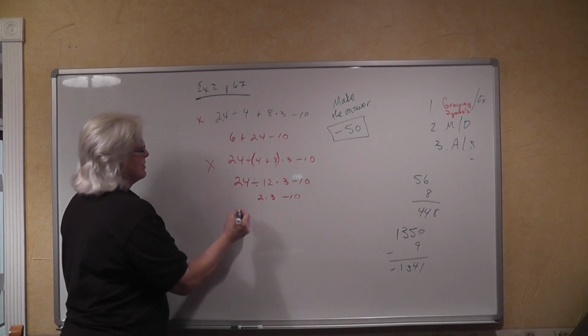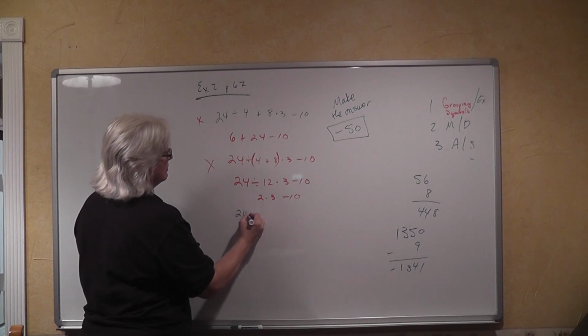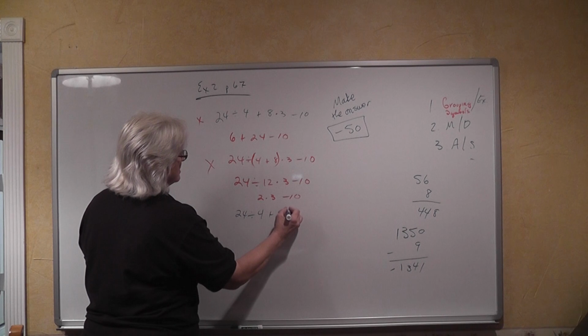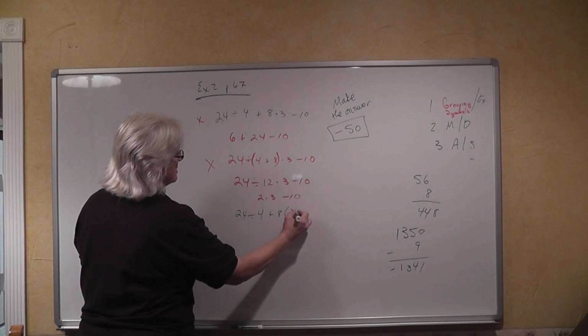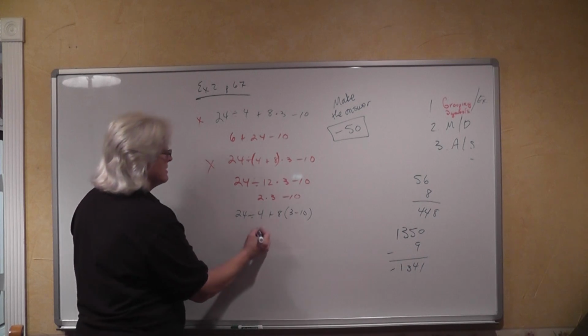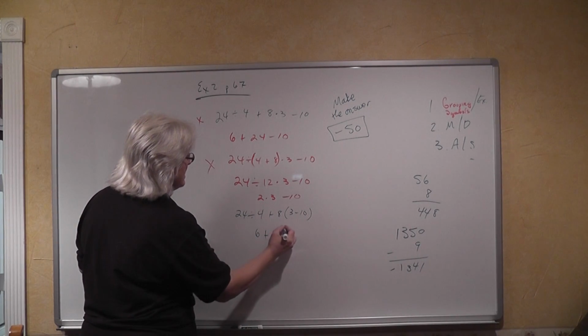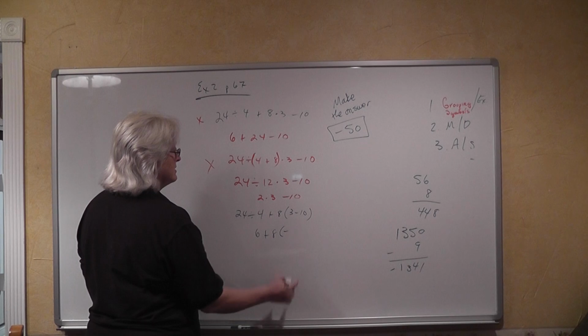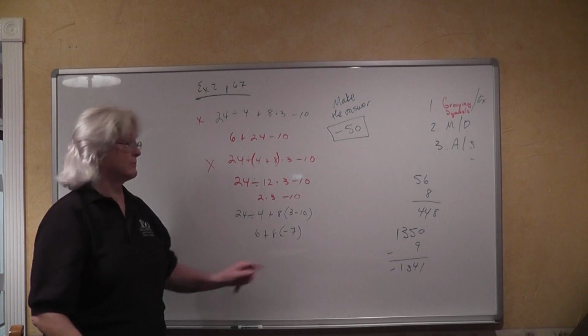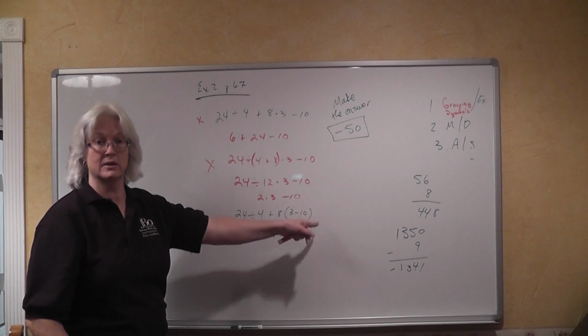Well, how about if we try 24 divided by 4 plus 8 times 3 minus 10. 6 plus 8 times a negative 7. 3 minus 10 is 10 minus 3 is 7.